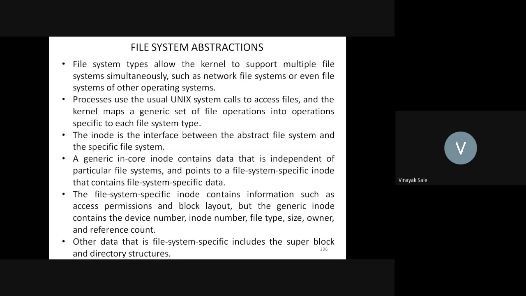Then, file system abstractions. File system types allow the kernel to support multiple file systems simultaneously, such as network file systems or even file systems of other operating systems.